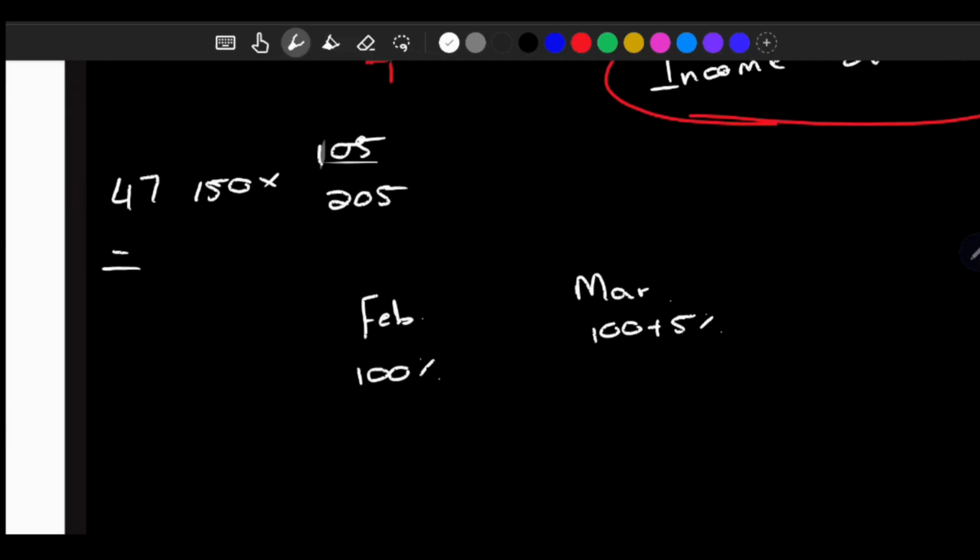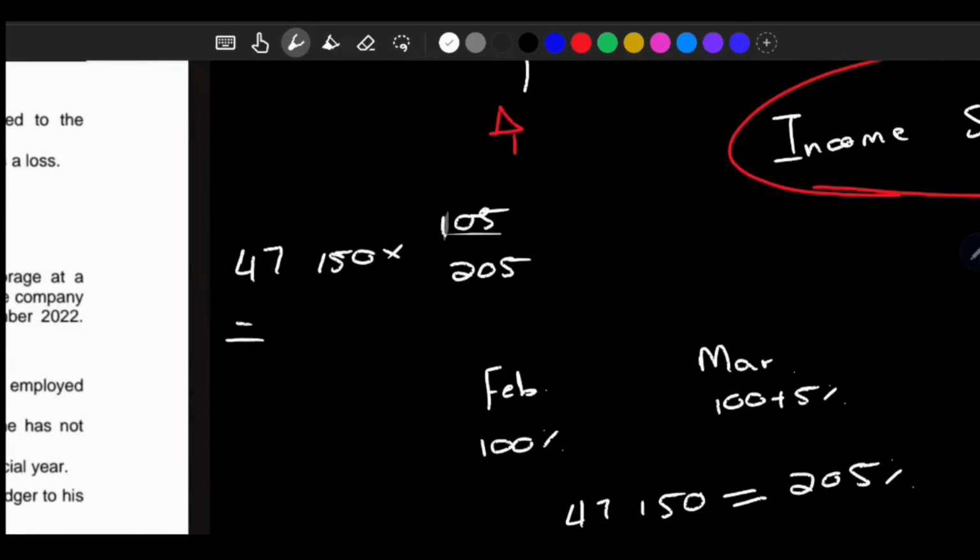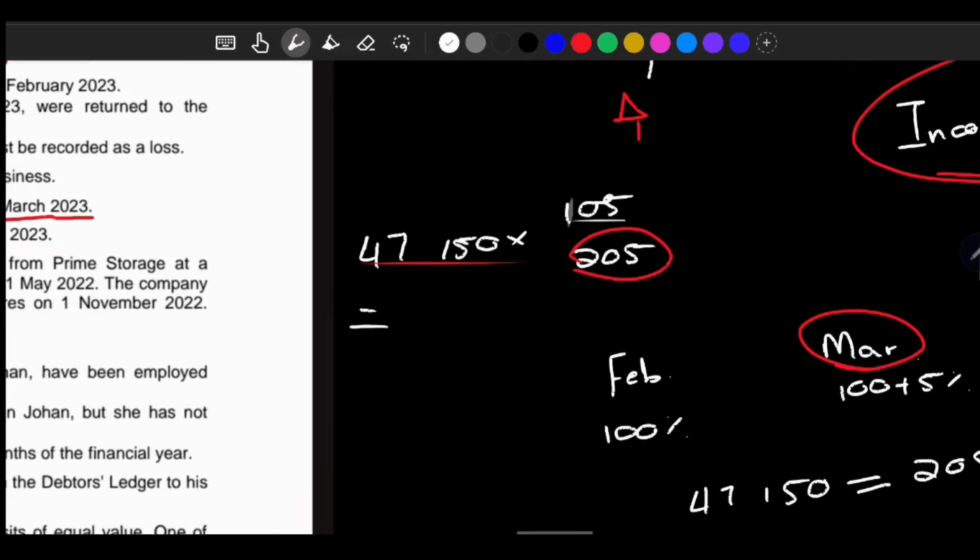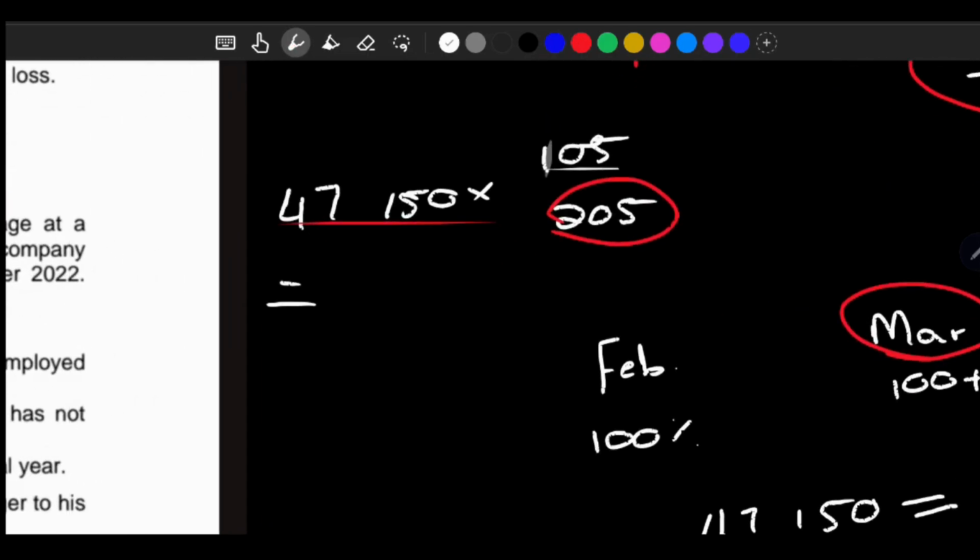So in total, these two amounts for 47,150, they equal 205%, right? So here, hence our numerator is 105. We only want March. We want to subtract March out, but we're given 205 for the full amount. So once you put that in your calculator, the answer that you're supposed to get is 24,150, right?